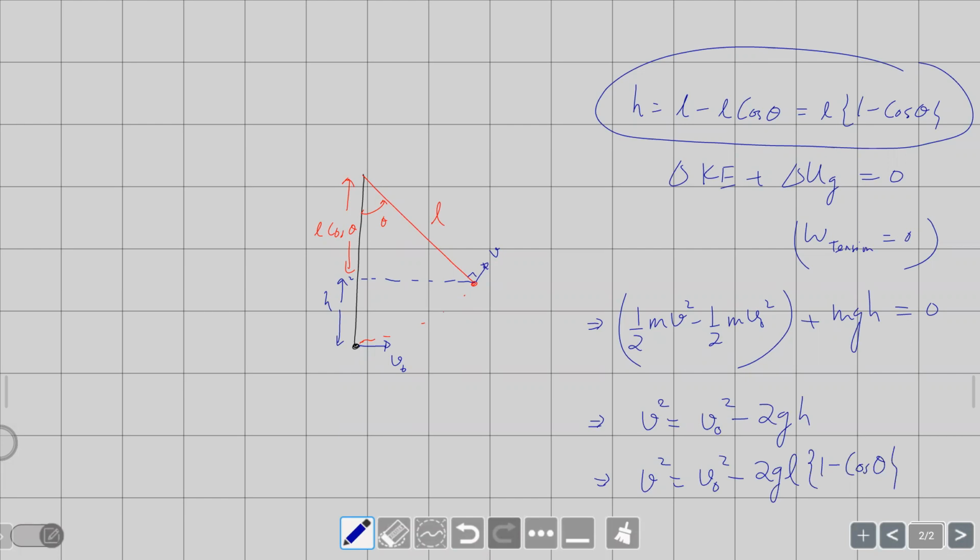So we get v as a function of theta by taking the square root, and in that v naught and L are known. So this is our v. That was the first result, if we wanted to find v as a function of theta.